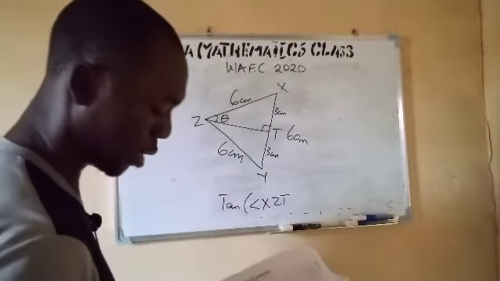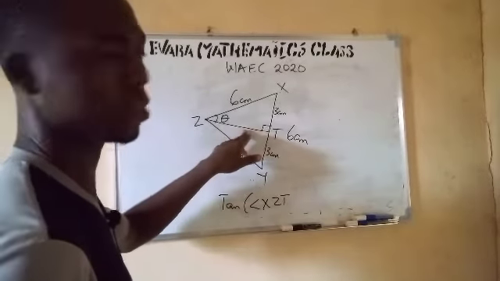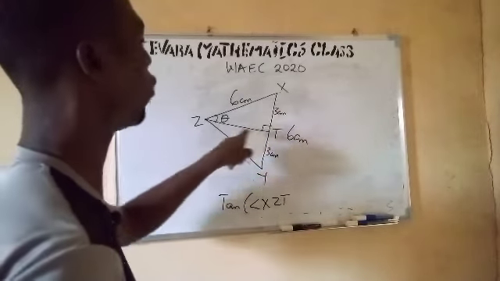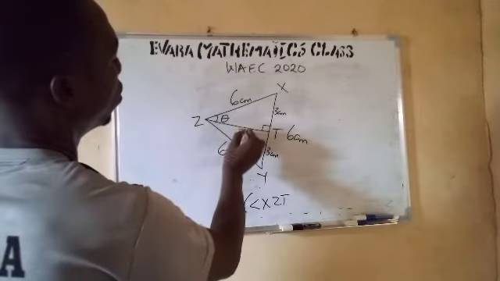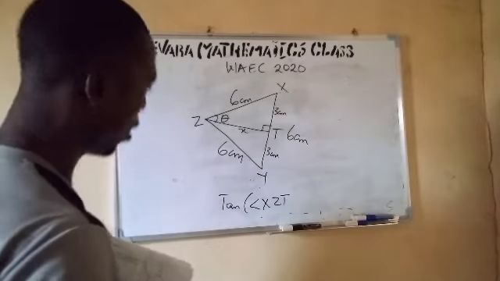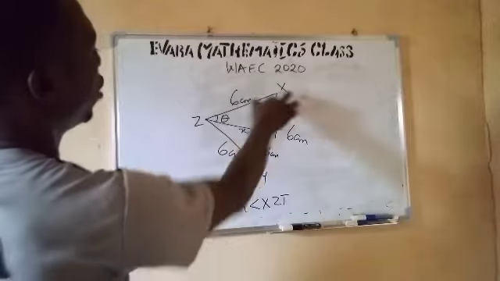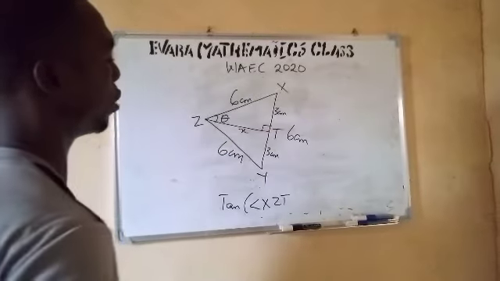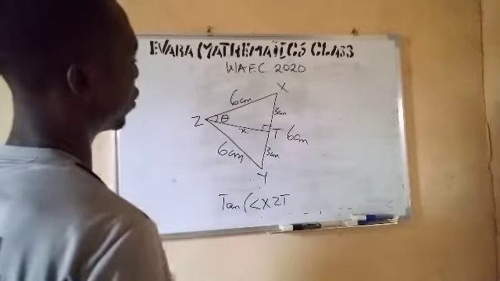Now, we know that tangent is opposite over adjacent. So that means we have to look for the value of ZT, which is represented by x. How do we get it? Triangle XZT is a right angle triangle. So by using Pythagoras rule, we will get the value of x.